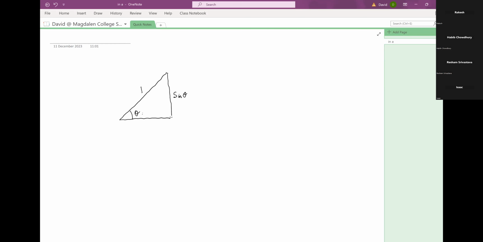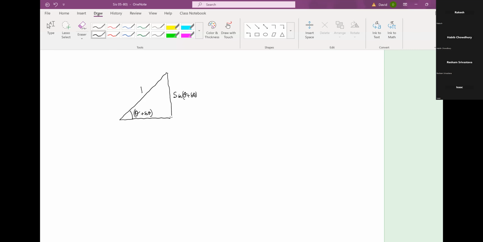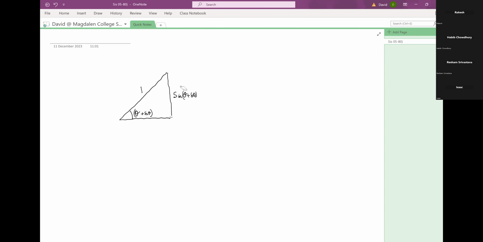So instead of putting the angle theta here, I'm going to make this the angle theta plus delta theta, where delta theta is some change in angle, which is assumed to be small. Okay, so that's this height here of this triangle is sine of theta plus delta theta.